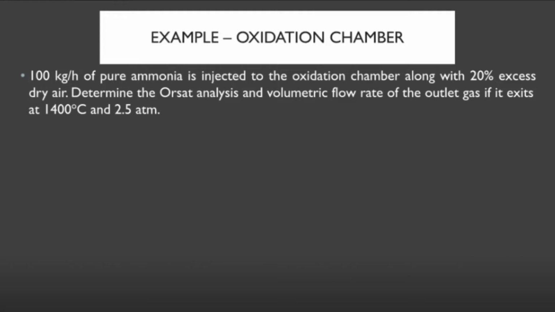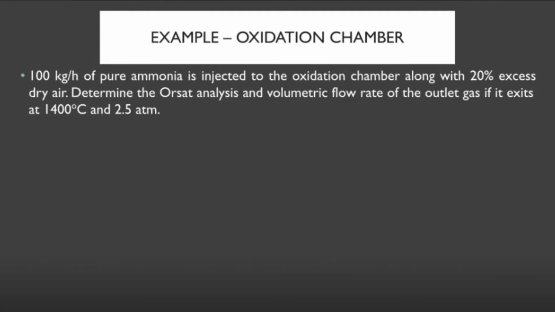The problem states 100 kilograms per hour of pure ammonia is injected to the oxidation chamber along with 20% excess dry air. Determine the Orsat analysis and volumetric flow rate of the outlet gas if it exits at 1,400 degrees Celsius and 2.5 atmospheres.